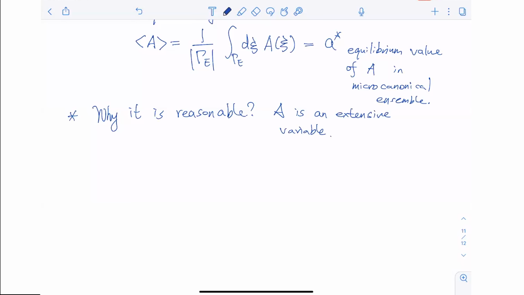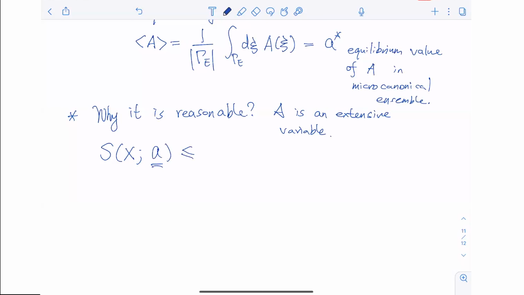So we'll try to ask this question and see whether we can build some intuition from the postulate of Boltzmann's entropy formula. As we know, if we have some entropy that is specified by some extensive variables, let me just use X to represent the set of all the extensive variables other than A. And here this A is some value of the extensive variable that is not the same as the equilibrium value.